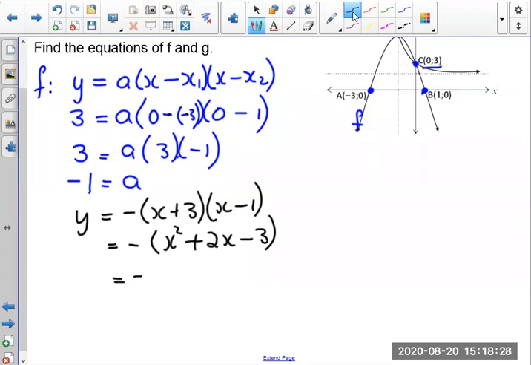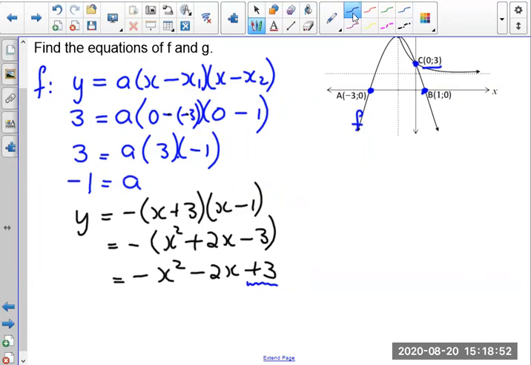And I multiply in the minus, that gives me minus x squared minus 2x plus 3. And there you can see again, your y-intercept is 3. So it makes sense.